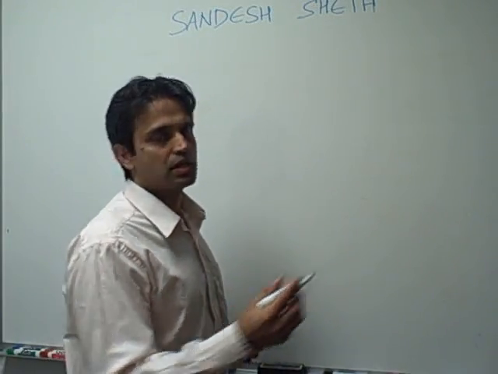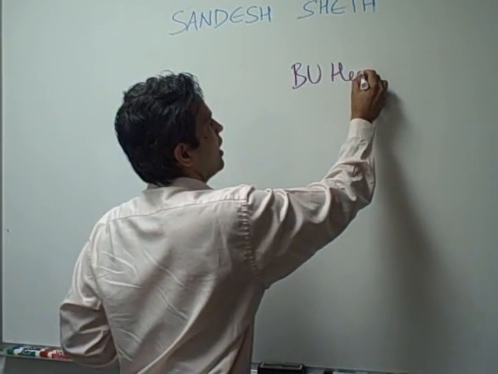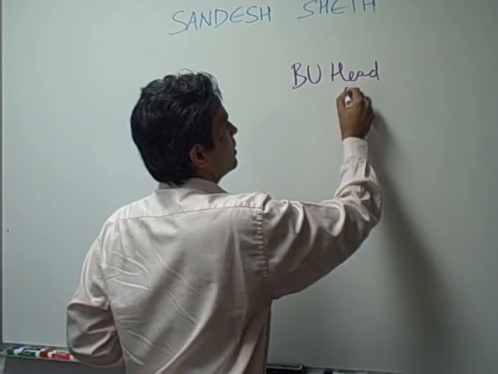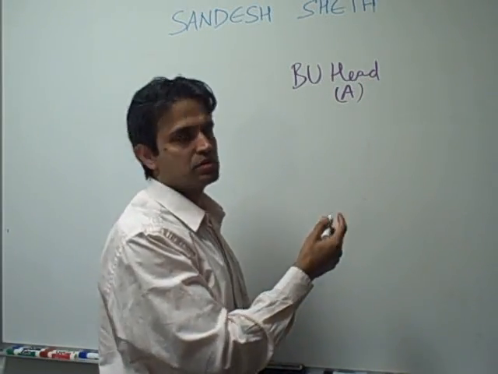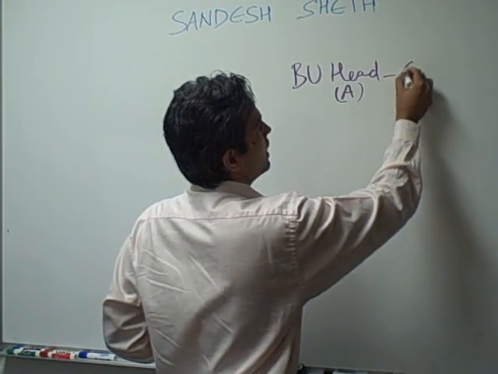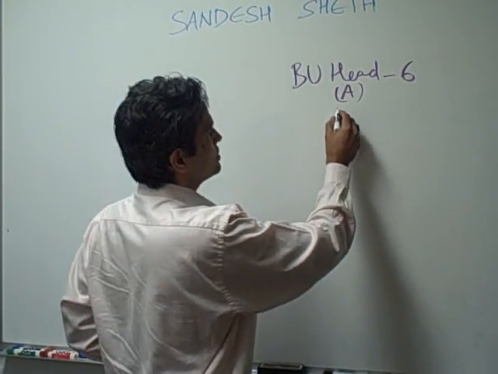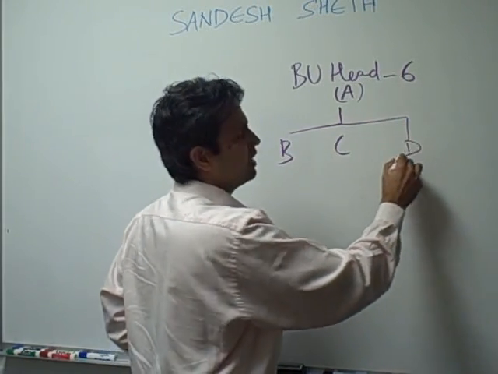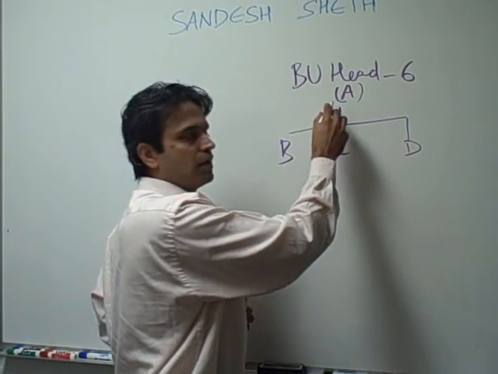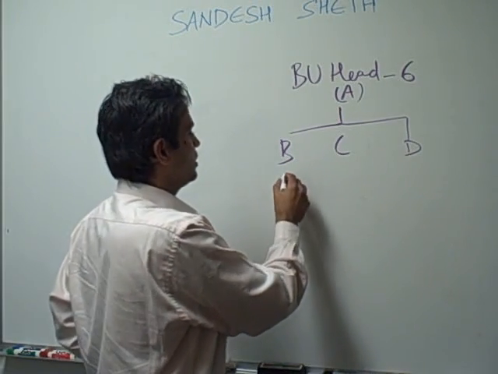So let us approach the business unit head, his name is A, and ask him how many processes he's responsible for, and he says it's 6. Then we ask him who are his direct reports. So we have B, C, and D, and what he feels are the business processes that they are responsible for.